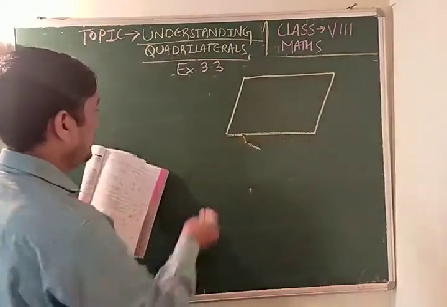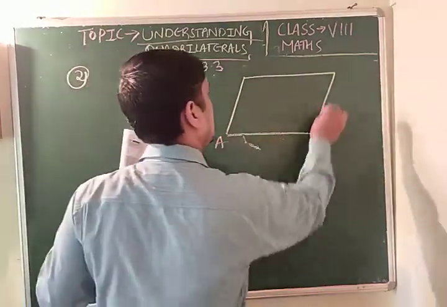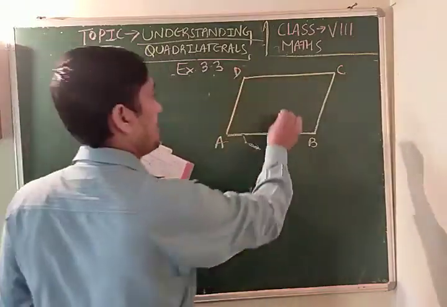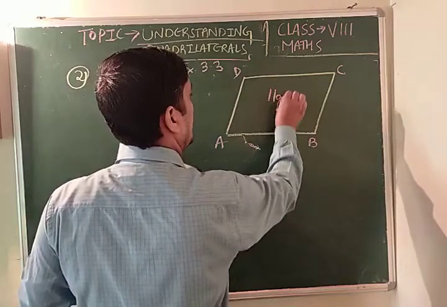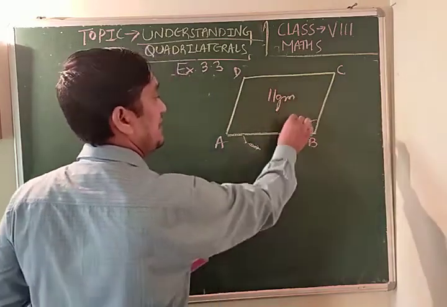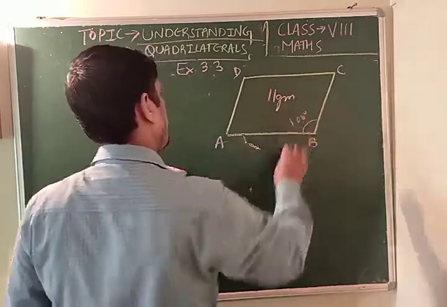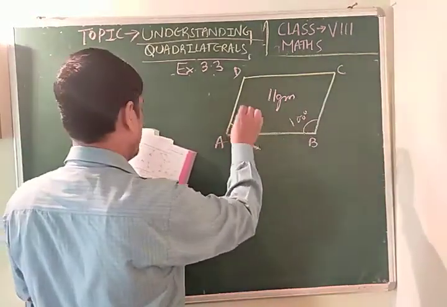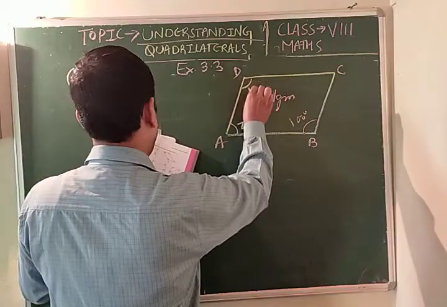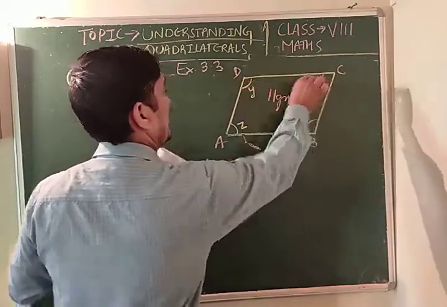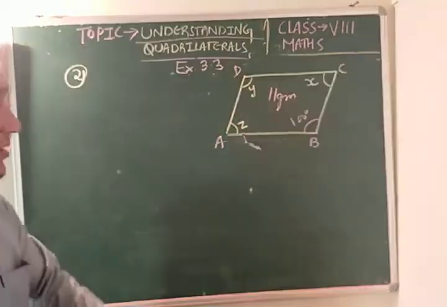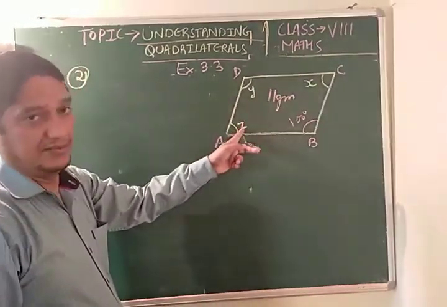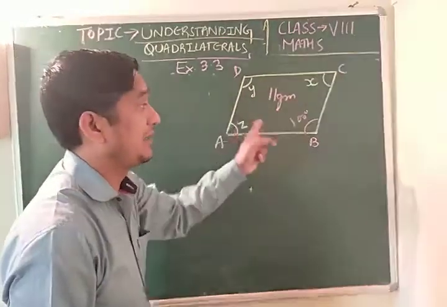ABCD is a parallelogram. And we have angle B is 100 degrees. And now we have to find the unknown quantities, that is angle Z, Y and this X. Now children, we are able to find X, Y, Z by the properties of a parallelogram.